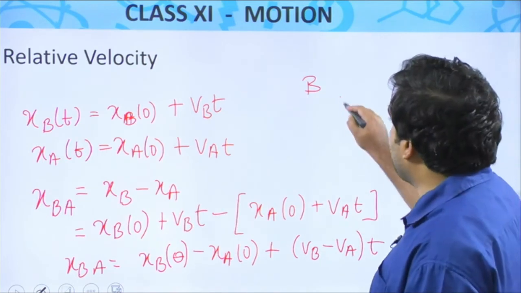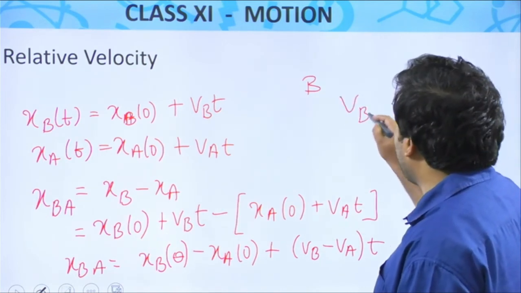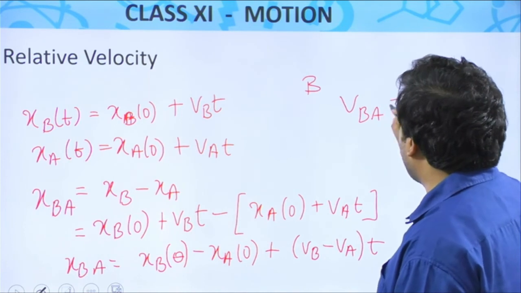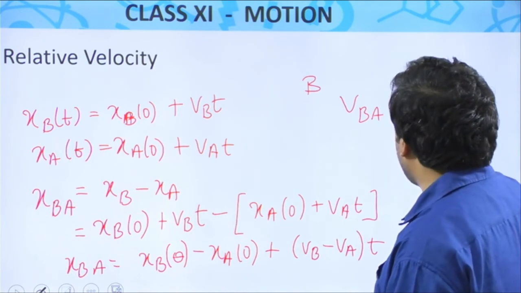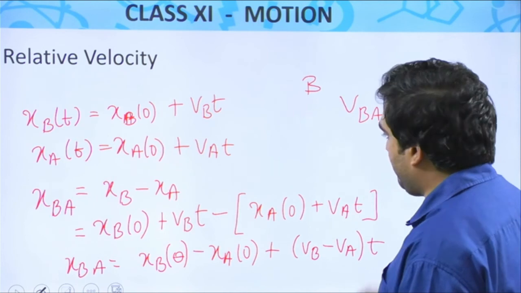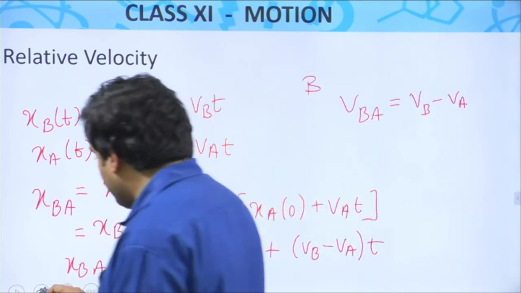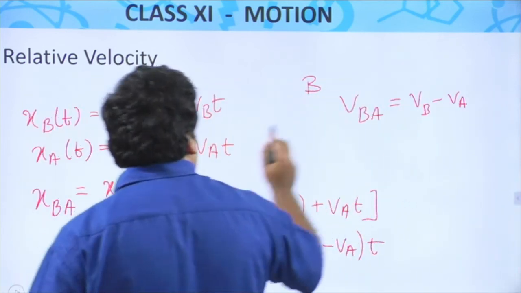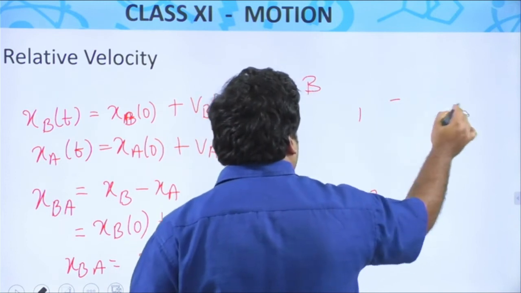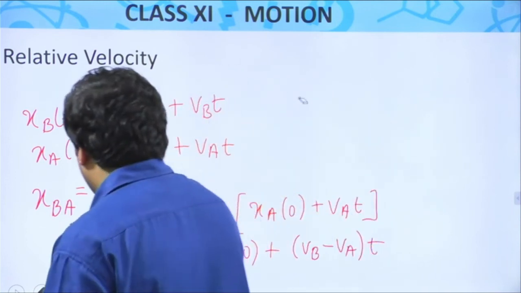So we can say that VBA, the velocity of B with respect to A, equals the velocity of B minus the velocity of A. We can also look at this by a graphical representation.